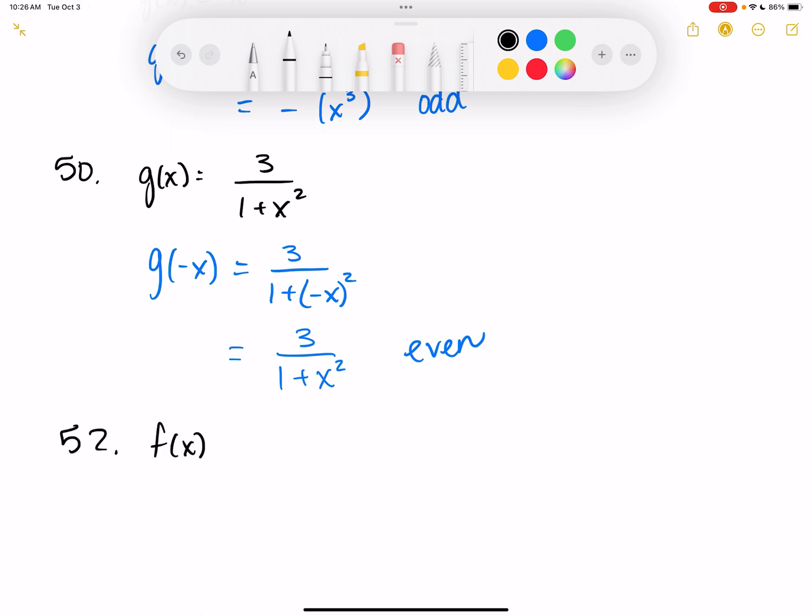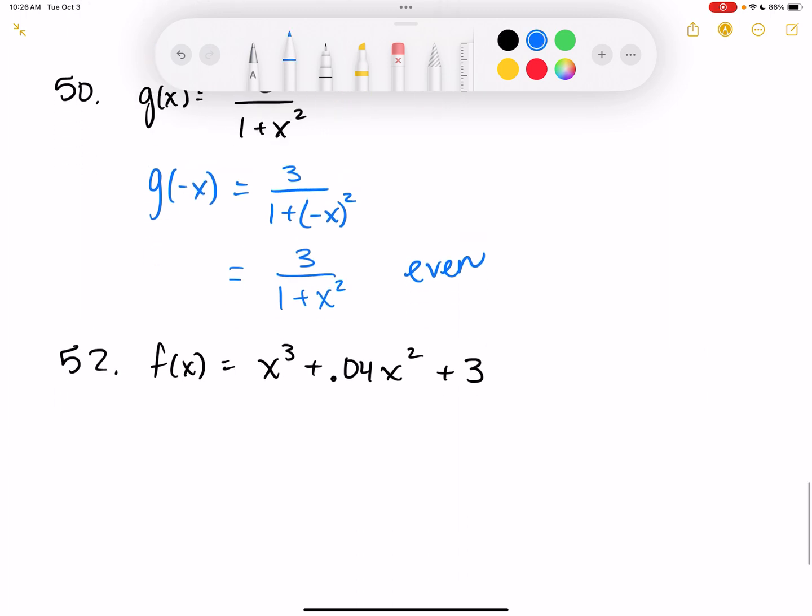52. f of x is equal to x cubed plus 0.04x squared plus 3. All right, so f of negative x is equal to negative x cubed plus 0.04 times negative x squared plus 3.